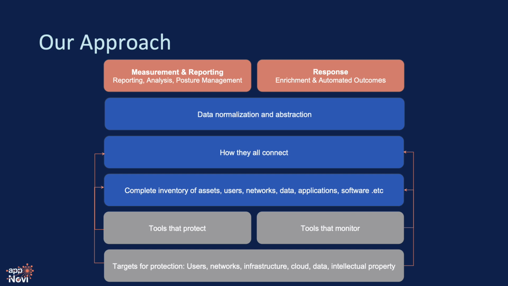And what appNovi does, when we think about cybersecurity mesh, is plug in with all of those different things via API mechanisms or however you can go and get that data, and converge all of those together.